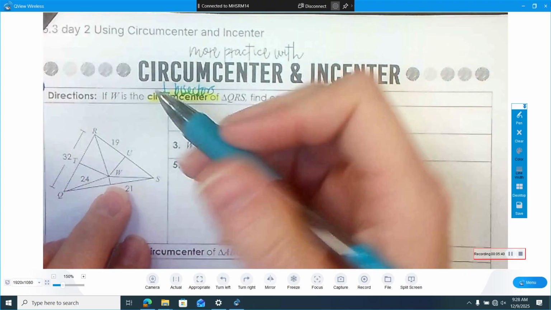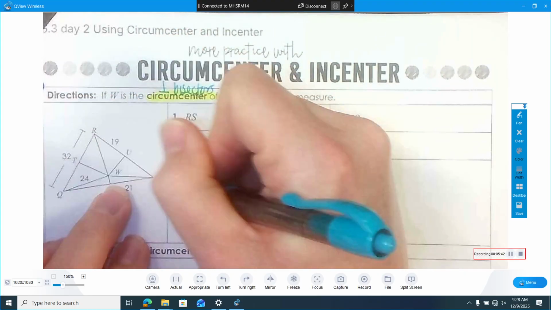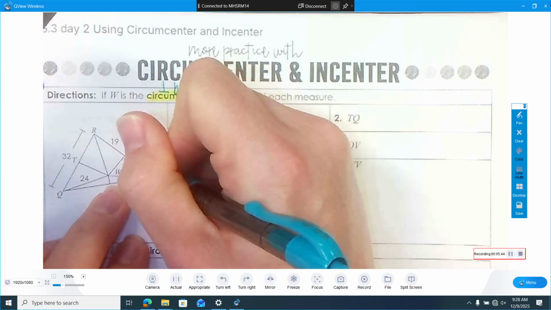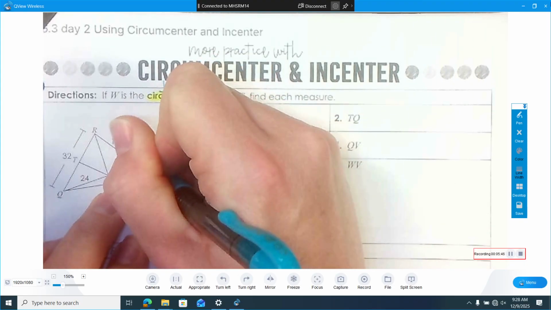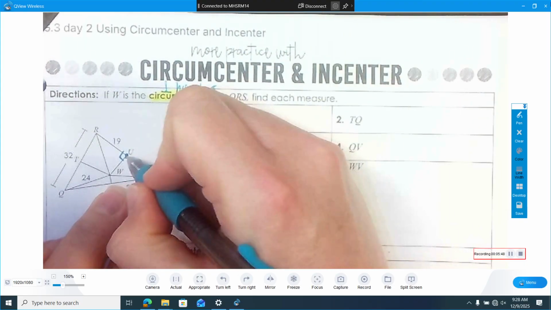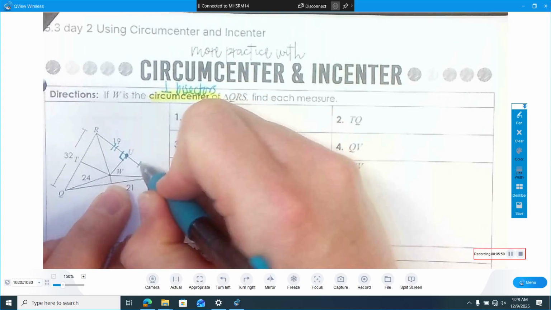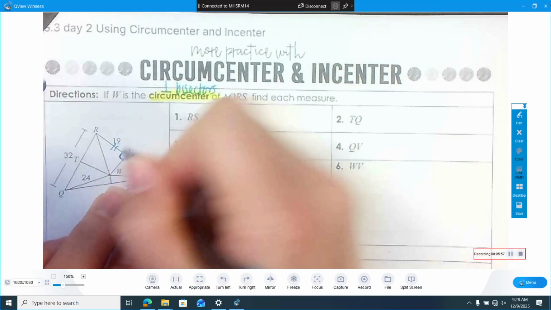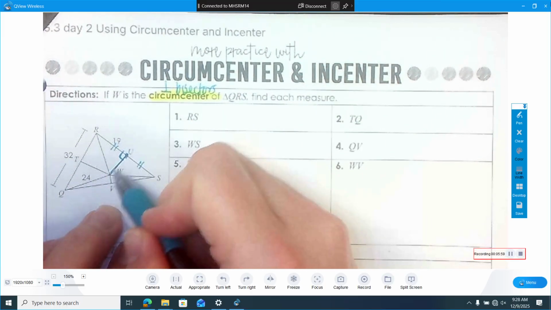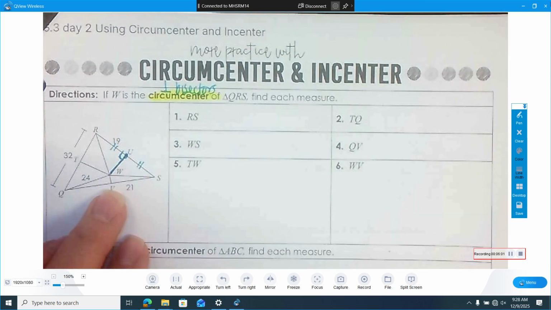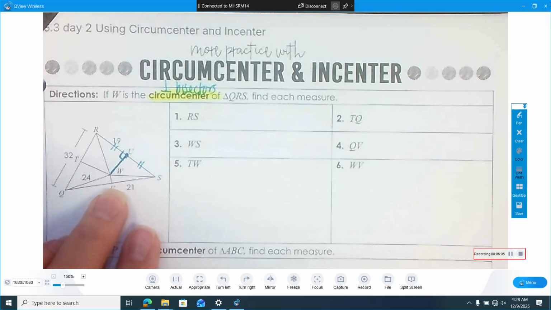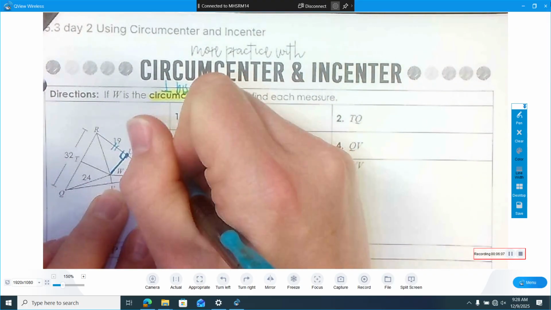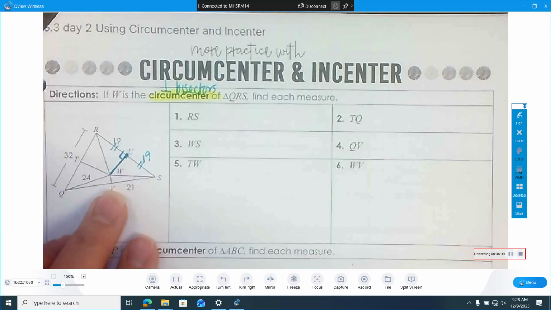Perpendicular bisectors of the sides of the triangles, which means U is a midpoint. We have congruent segments on either side. That segment got bisected. I have a perpendicular line here. Here is my perpendicular bisector in blue. All right. If RU is 19, what's US? Also 19. All right, mark it.